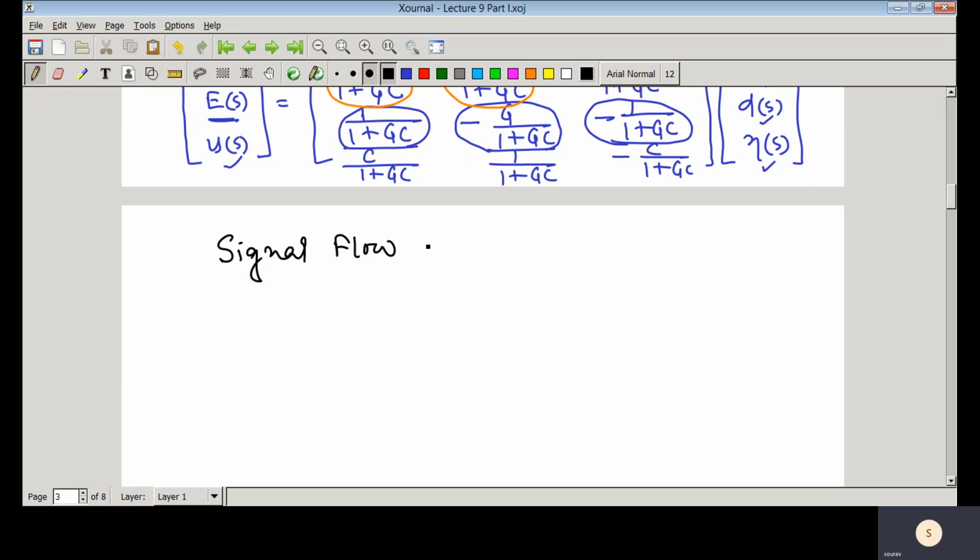Signal flow graph, in abbreviated form, is also known as SFG.